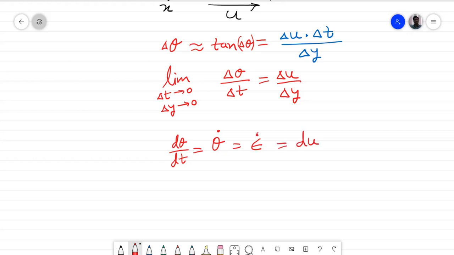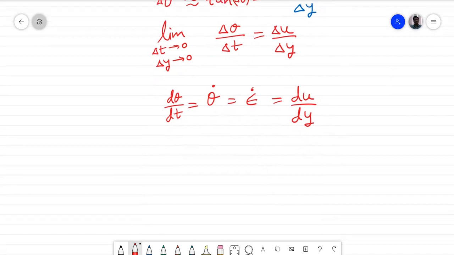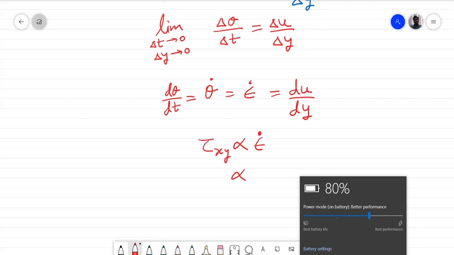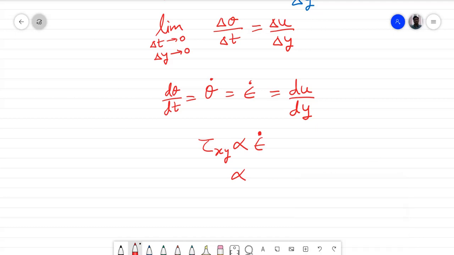This is equal to du by dy. So saying that stress is proportional to strain rate is the same as the statement that stress is proportional to du by dy in this case.